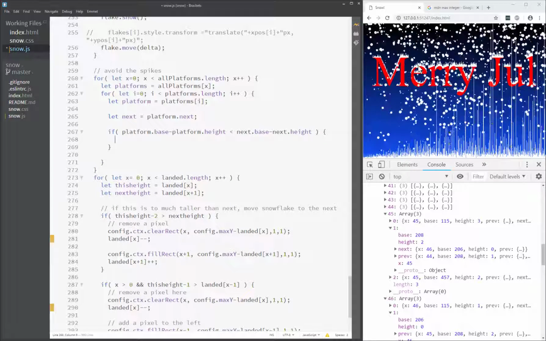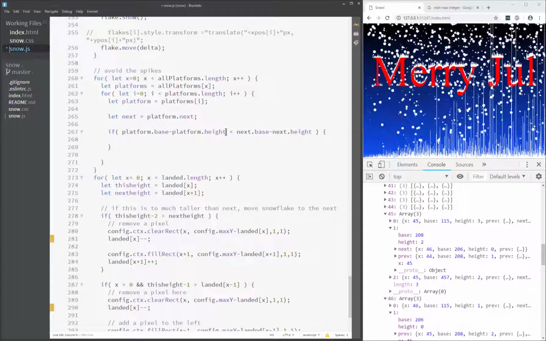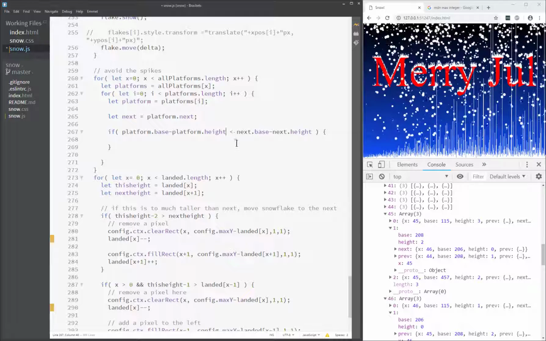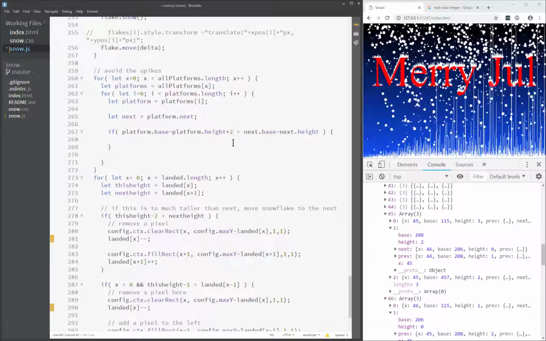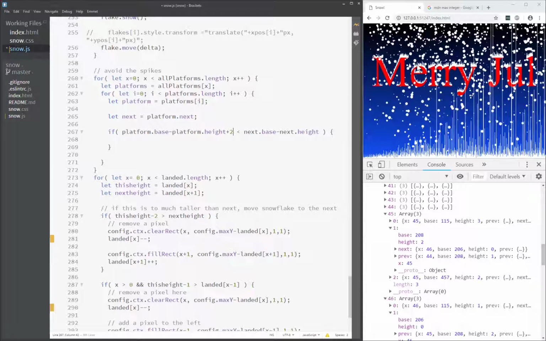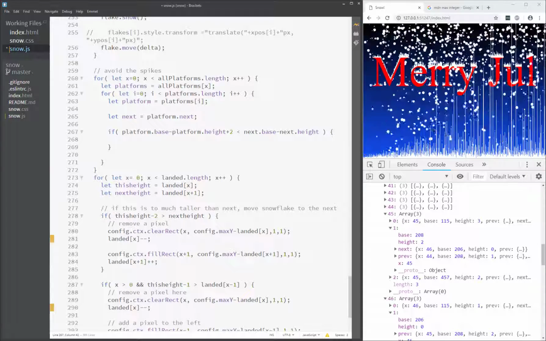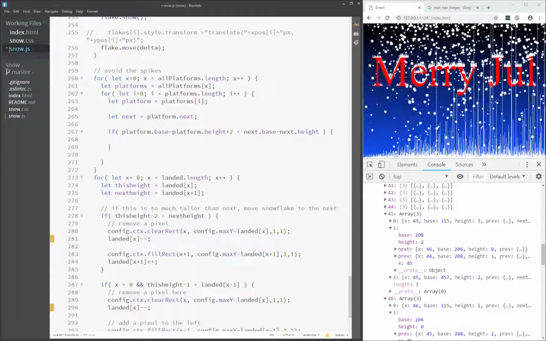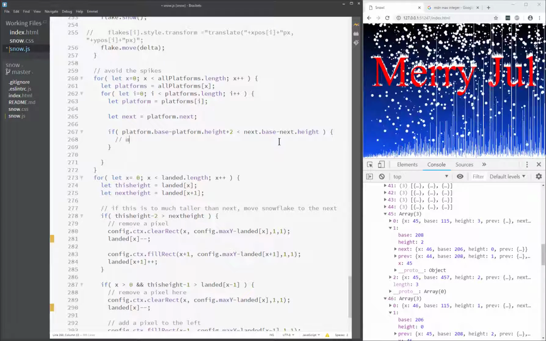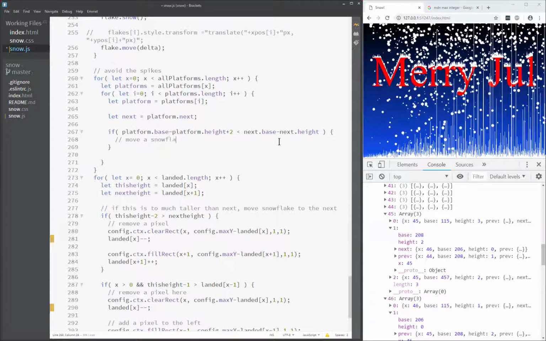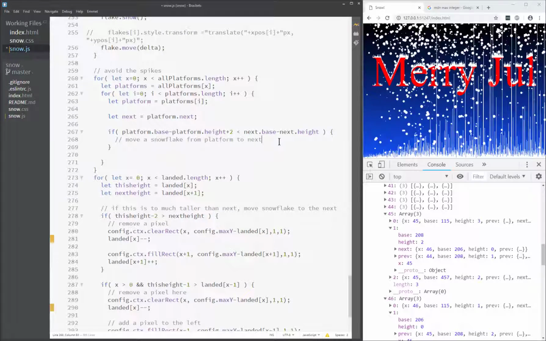But that is only if it is one snowflake more. Say I want there to be at least 2. So now I need to add 2. So if I go up, up, up, and then 2 down, and it's still closer to the top than the next one, then I move a snowflake over. So let's see here. Move a snowflake from platform to next.